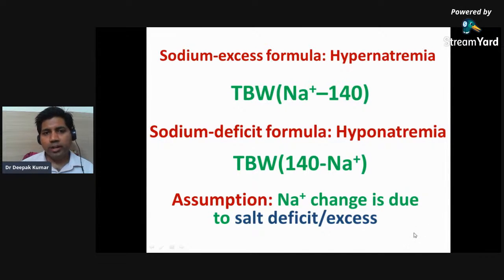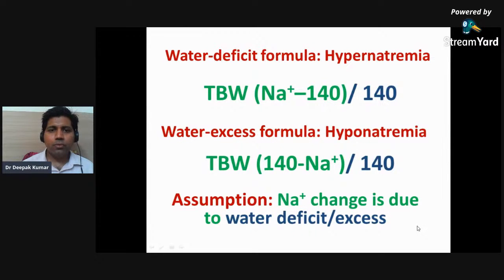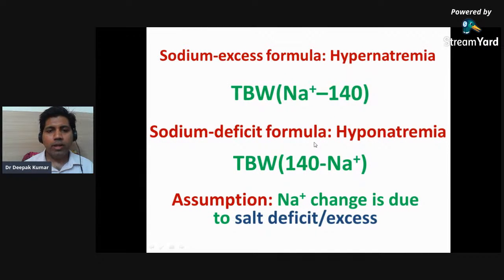So just one more interesting thing, let's compare with what we did in part 1. So you see here, when there is the water deficit formula in hypernatremia or the water excess formula in hyponatremia, there is not much of a change. If you look, the whole of the formula is here for sodium excess in hypernatremia, total body water into sodium minus 140.